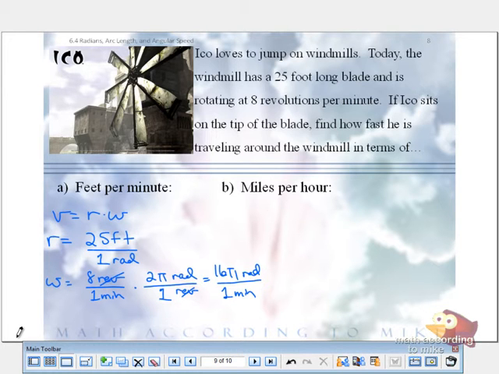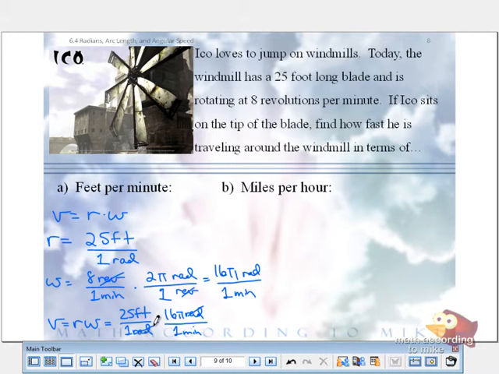Alright, since we're prepped for cooking, I'll just go back to V equals R times omega. Our R is 25 feet per 1 rad, times our omega is 16 pi rad per 1 minute. What cancels here? The radians. And notice what we'll be left with is feet per minute. We'll have 25 times 16 pi.